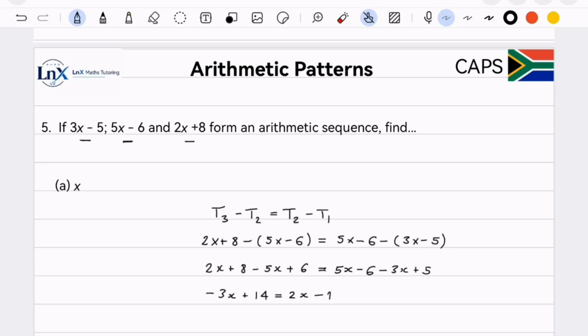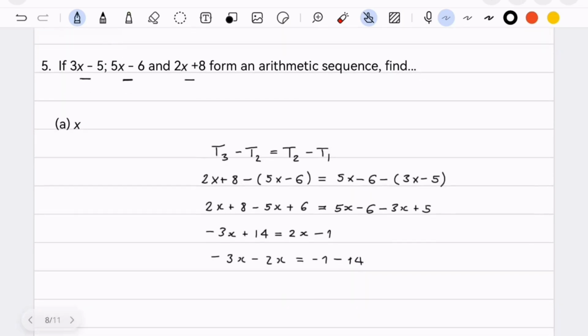So we can solve for x, so this will be minus 3x minus 2x. Then we have minus 1 minus 14. So we're going to have minus 3x minus 2x, that will give us minus 5x, which we're going to end up having minus 15.